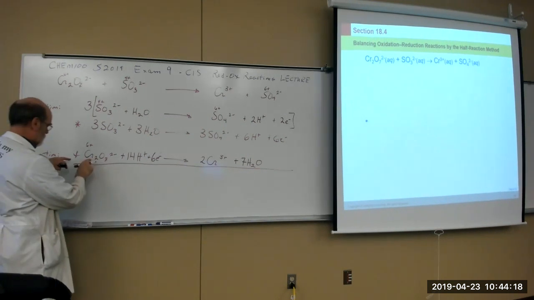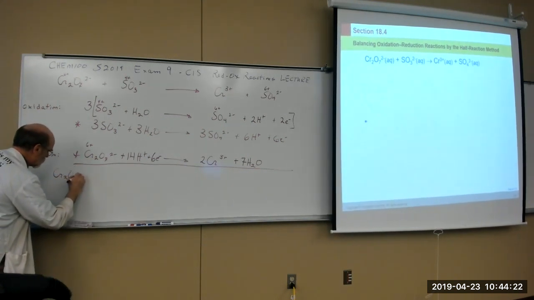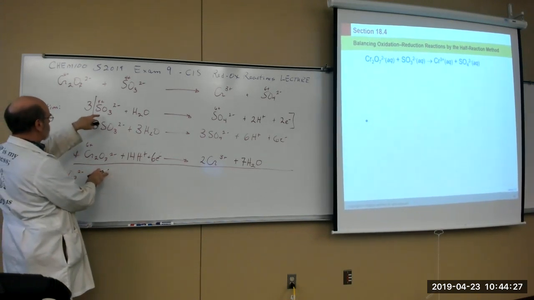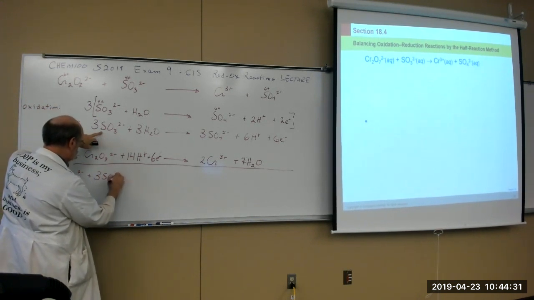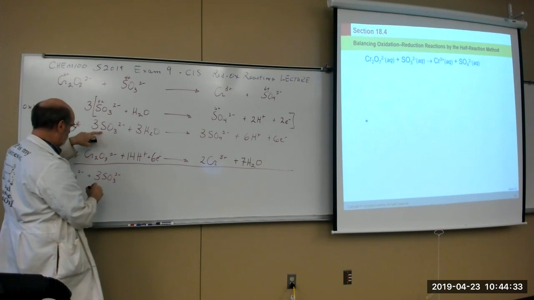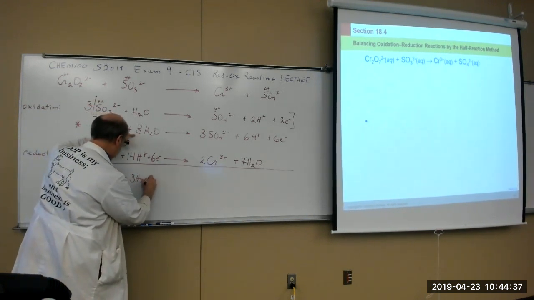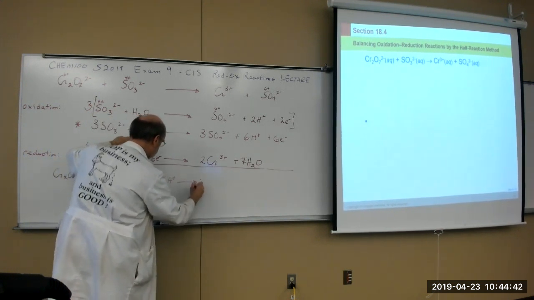So we're going to have 1 dichromate and then 3 sulfites. Okay, then we're going to have 3 waters and 14 protons.